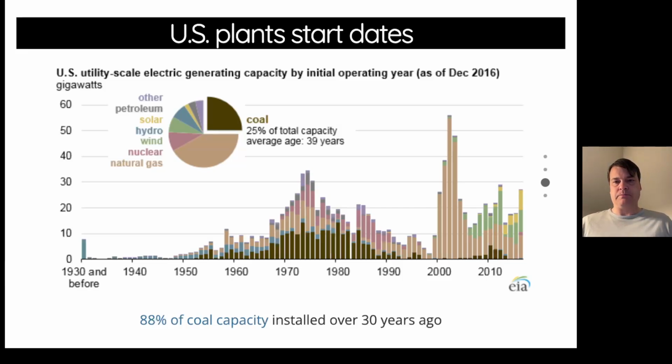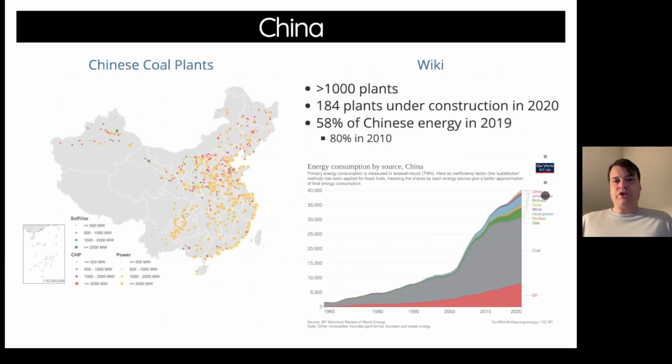In China, while the U.S. has had a significant decline in the amount of coal, China has had a major increase in the amount of coal. China is both a leader in installing renewable sources, but also a leader in installing coal-based sources. China has over 1,000 coal power plants. 184 coal power plants were under construction in 2020, just an enormous number.